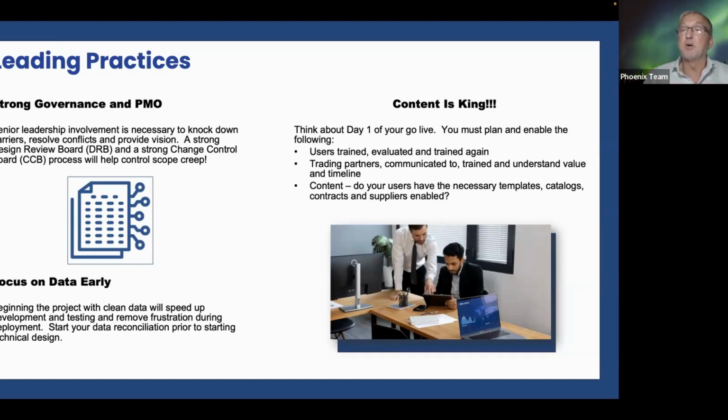Do you have your necessary templates around sourcing and contracts and supplier management built, ready to go? And do you have your catalogs and contracts and suppliers enabled in your procurement tool? Now, this is day one go live. Does that mean you need to have all of them in there? Absolutely not. Another leading practice is to have your minimal viable product set up and then have your suppliers, your content, and your catalogs for a certain user base day one.